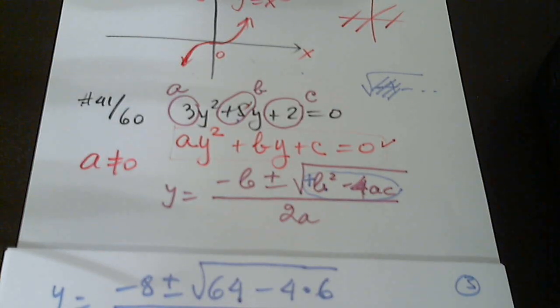So we have negative b. I'm sorry, negative 8 I meant to say, plus the square root. In parentheses, I have a special attachment to parentheses. Minus 24, close. Come outside, close. Divide by 6. I get whatever.